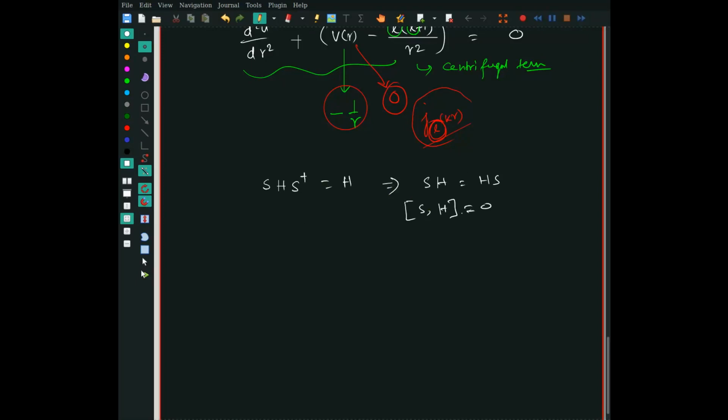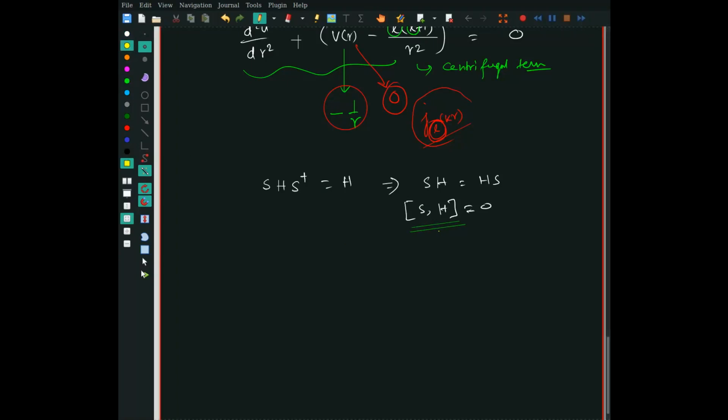But what happens is that if this type of relation holds, then usually you will find that your Hamiltonian has degenerate eigenstates, and those degeneracies will be broken by the labelings of this S. Let me give you an example.